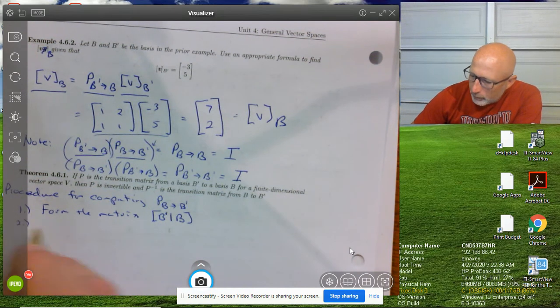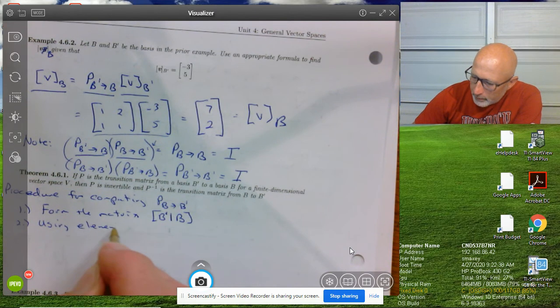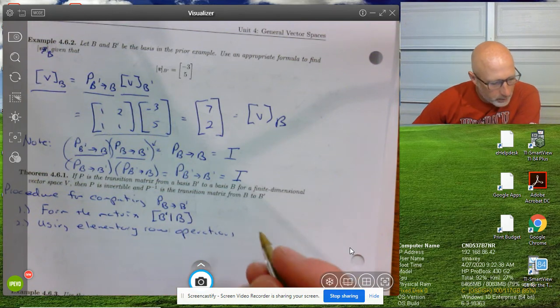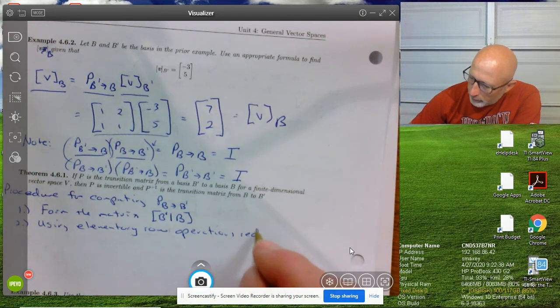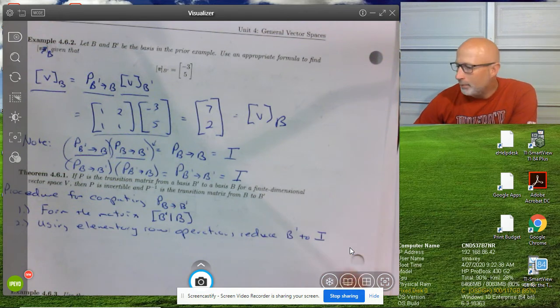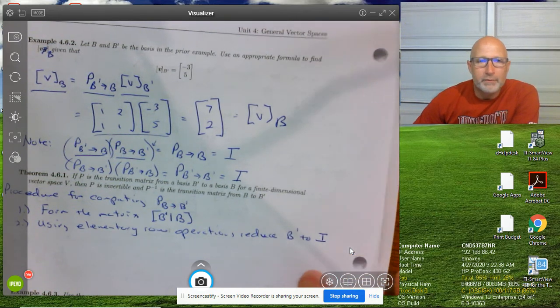Step 2, using elementary row operations, reduce B prime to the identity matrix. Now, we've done this before. Remember, this was called the inversion algorithm.